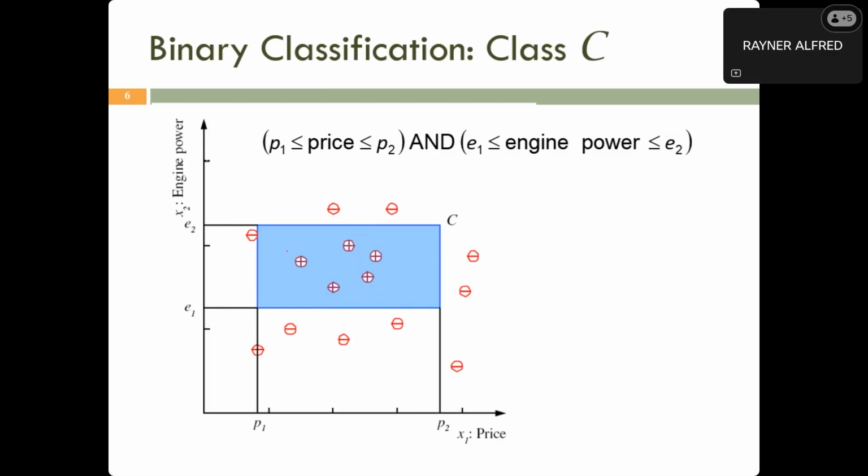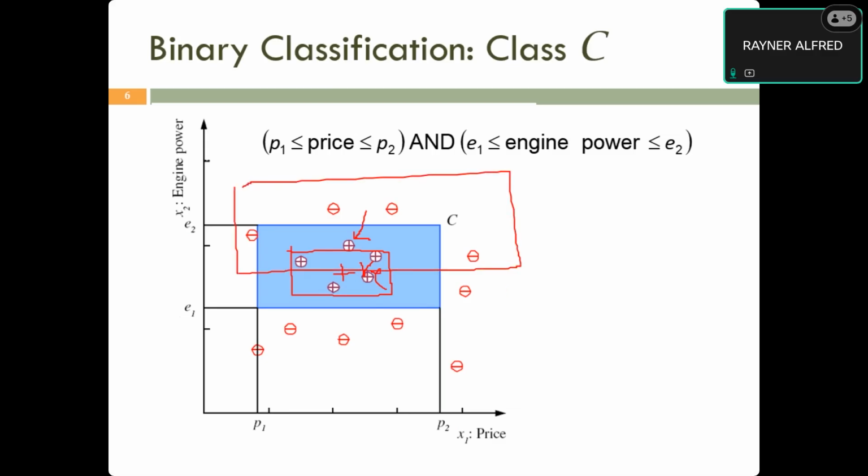So if we draw a line something like this, so this is positive lah. So what happened to this? This is considered as negative lah. So that is called false negative. Tapi if we draw a line something like this, so what happened to this?